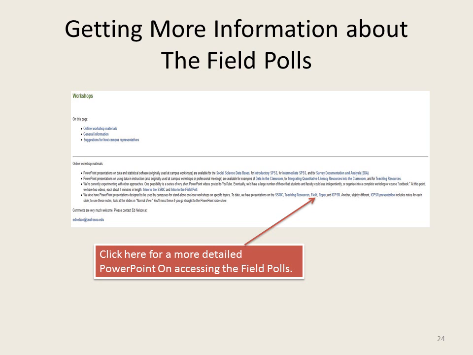When you click on Workshops, it will take you to this page on the SSRIC website. You'll see a list of workshops. Click on Field to access a more detailed PowerPoint. This concludes our introduction to the field poll.